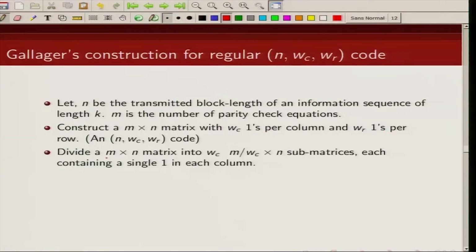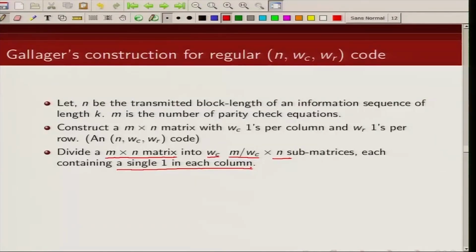Divide the m cross n matrix, which is your parity check matrix, into WC sub matrices of size m by WC cross n, such that in each of these sub matrices your column will only have a single one.